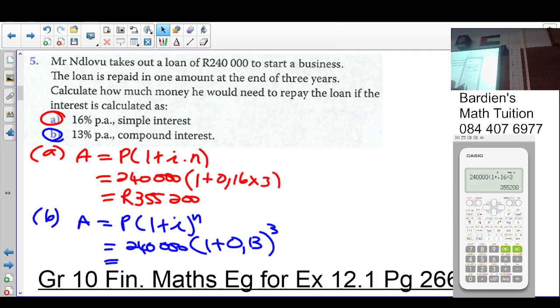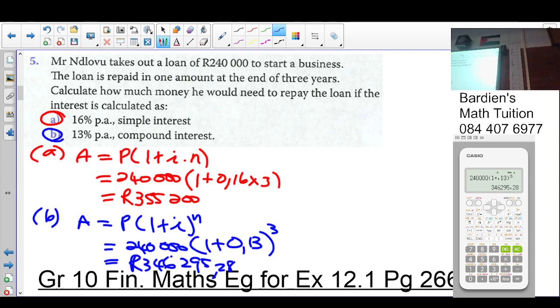So that is going to be 240,000 Rand into 1 plus 0.13 to the exponent 3, which gives you 346,000... 295, comma 28.